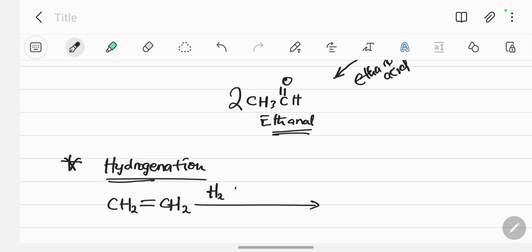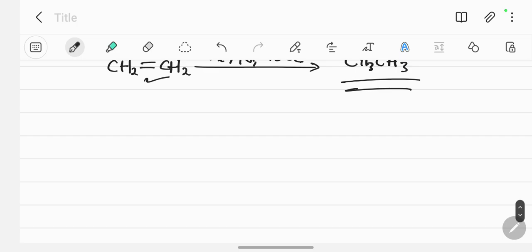So when you go into your revision, you will build on this. It's a good start. So when I add in hydrogen with a nickel catalyst at 150 degrees Celsius, I'm turning this alkene into an alkane by adding hydrogen atoms on it. So as I add hydrogen atoms on it, it becomes an alkane.